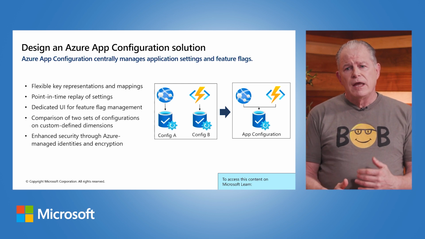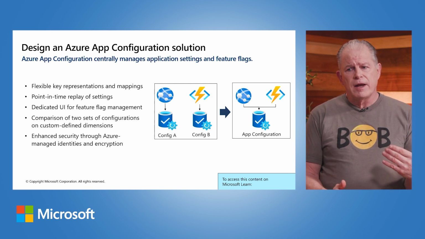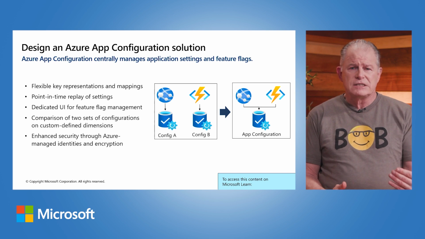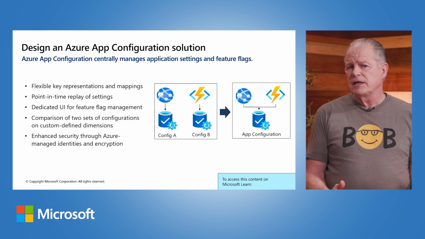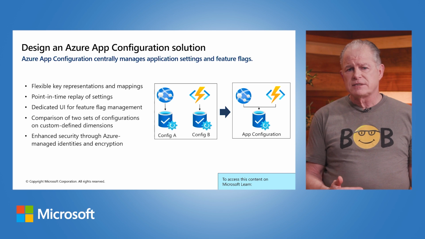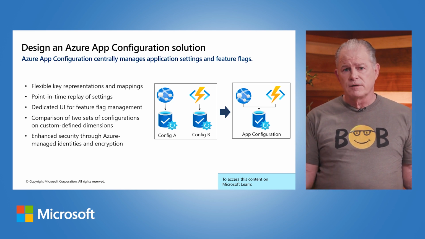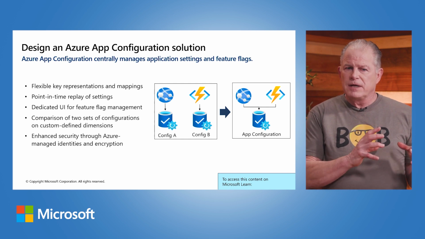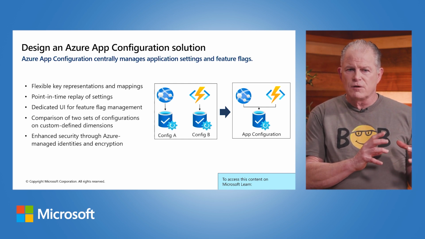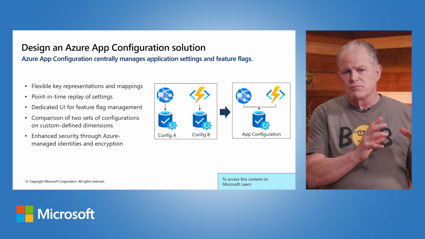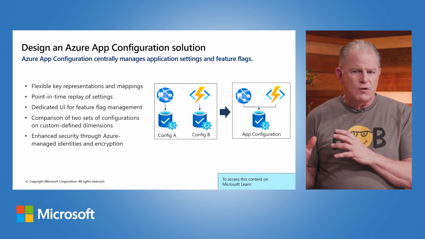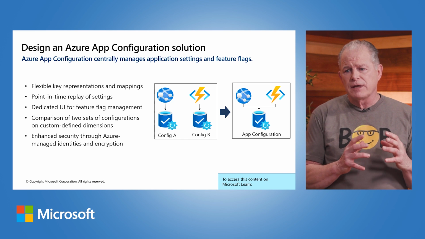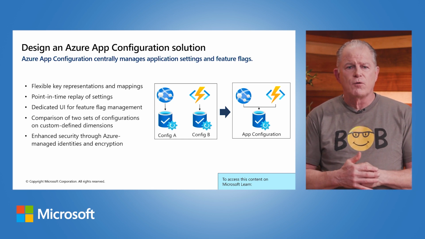For example, if I needed a connection string for my application to connect to the database, when it's in development, it probably connects to a completely different database than it would in production. So I can use the app configuration solution to automate that process, so that as my application moves through these different stages or environments, I want the application to be configured in a very specific way.